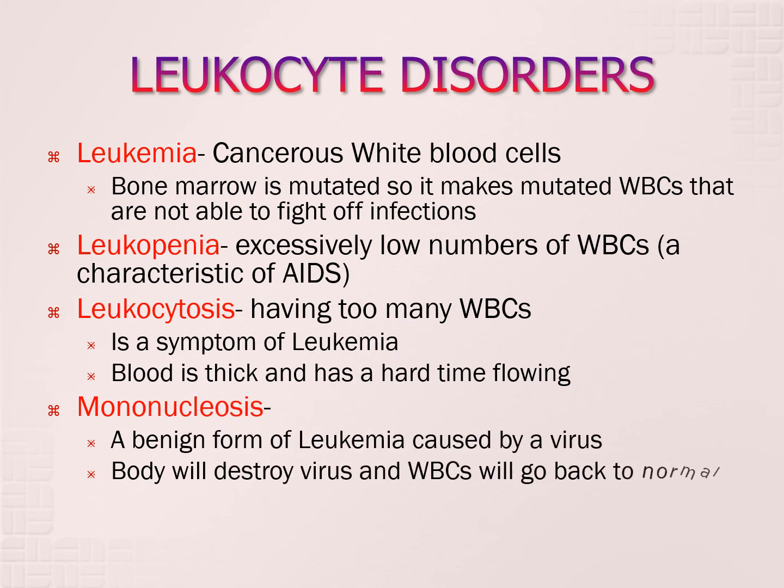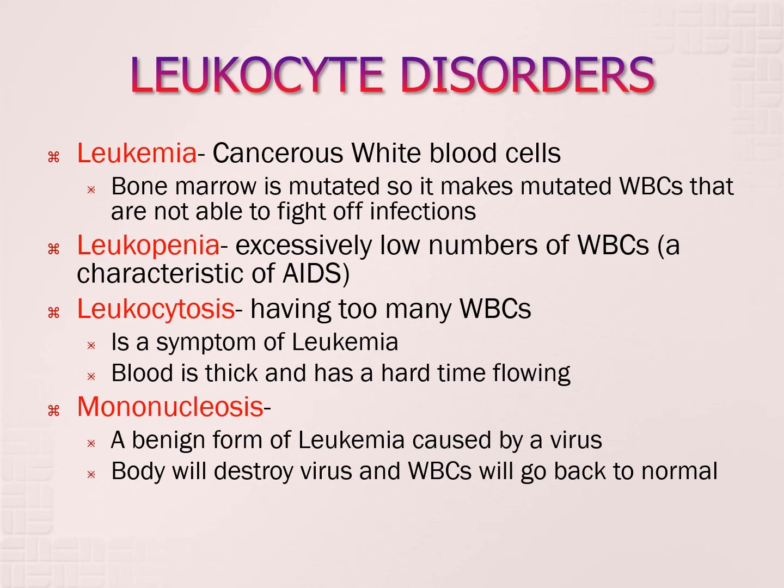And then mono is one that you've all heard of. Now, by definition, mono is a benign form of leukemia. So remember, leukemia is when you have mutated bone marrow, so therefore you make mutated white blood cells. So therefore you have a compromised immune system. Well, people with mono, mononucleosis is viral.